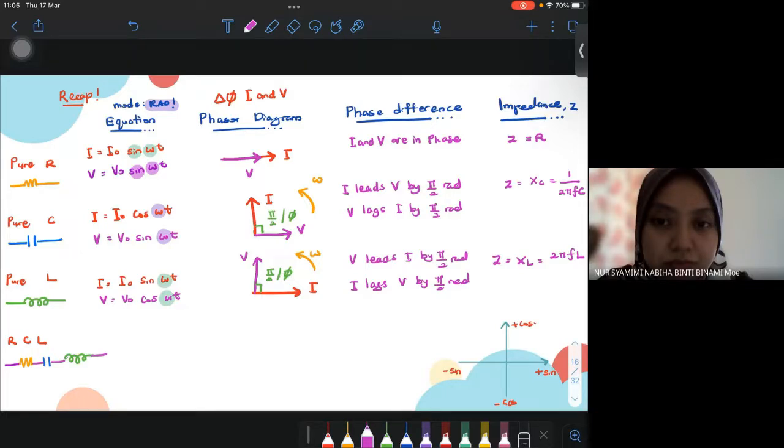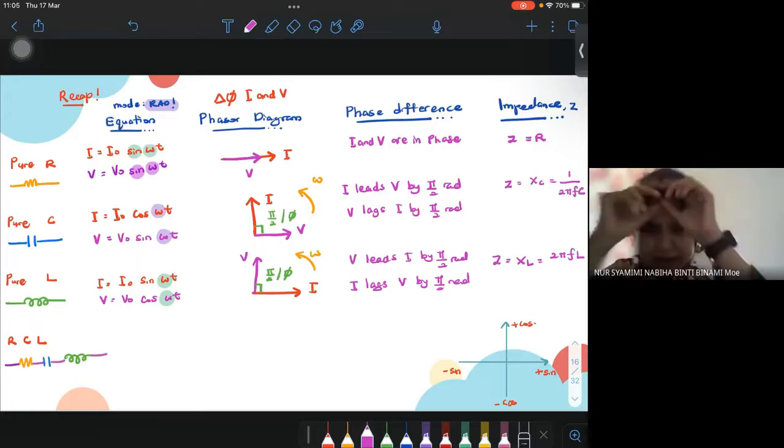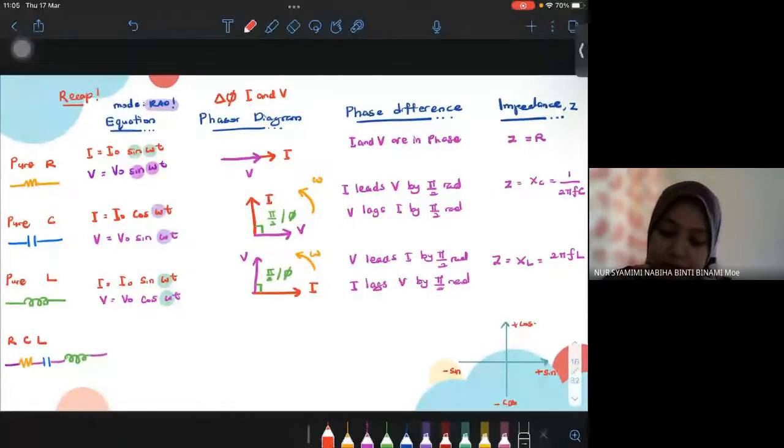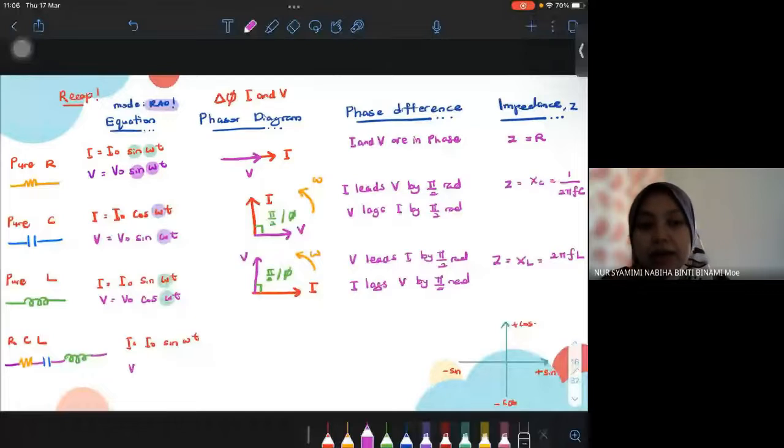The last one semalam kita belajar ialah kita combinekan ketiga-tiga circuit which is RCL circuit. So, for RCL circuit, dia punya equation untuk I, for example, kita ambil I is equals to I naught sin omega t. But our V semalam, dia ialah resultant of VC, VR and VL.